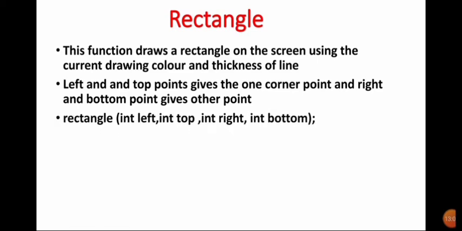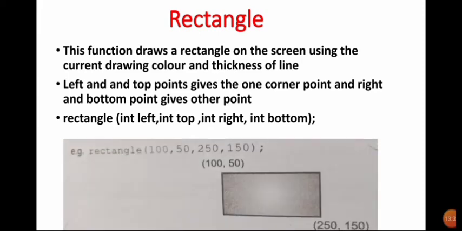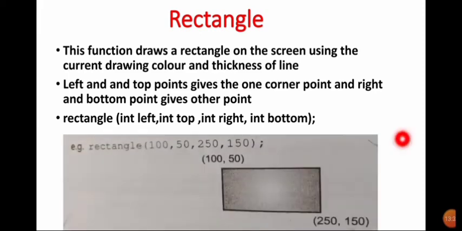This is the syntax: rectangle in bracket int left, int top, int right, int bottom. These integers provide the left top, right and bottom corners of your rectangle. So this is the example here.